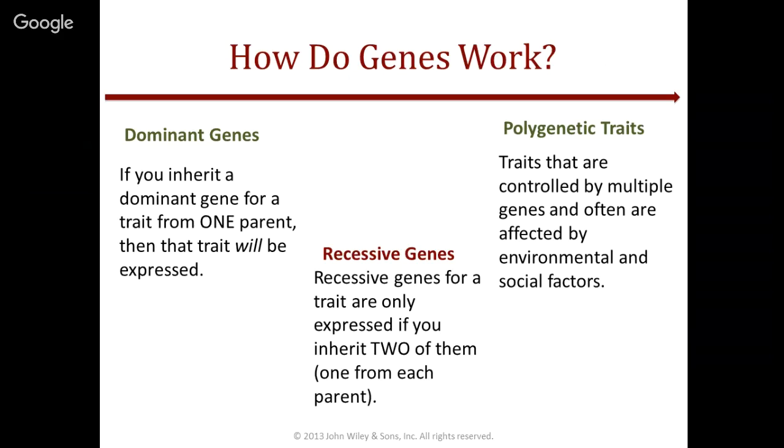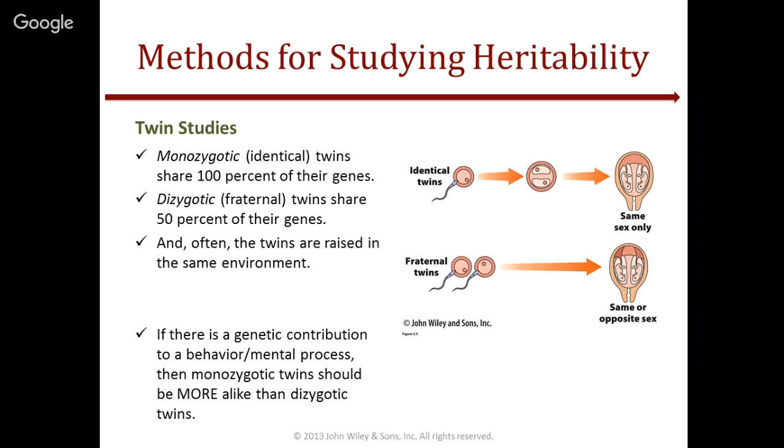You may be a little bit lighter, a little bit darker, reddish tones, height, how tall you are. Those particular traits are called polygenetic traits. So those are the differences primarily between dominant genes and recessive genes for your exam.